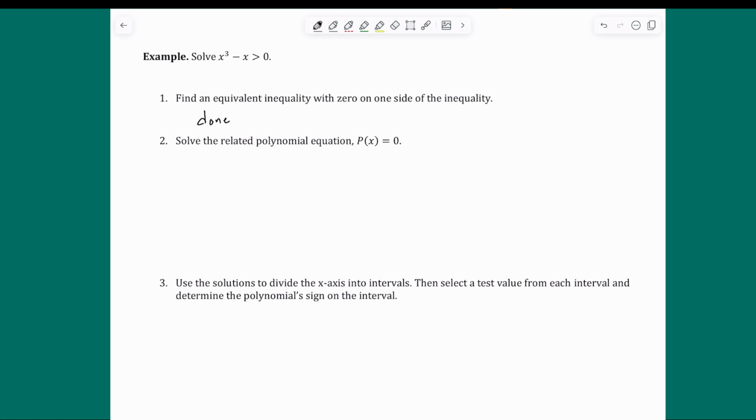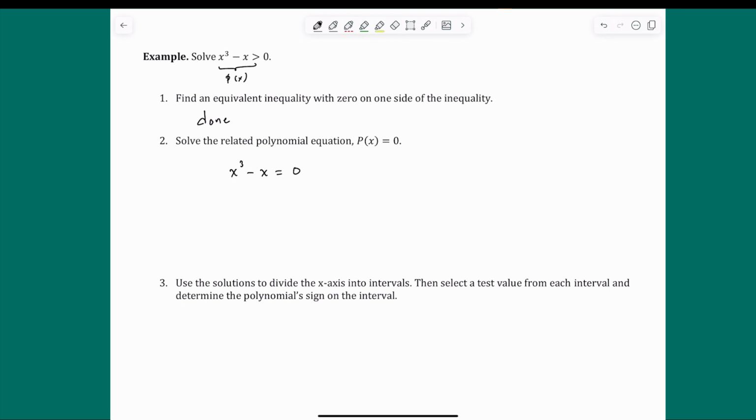Alright, so then our p of x in this case is going to be the polynomial x cubed minus x greater than 0. And so basically we're trying to solve the related polynomial equation, which is x cubed minus x equal to 0.